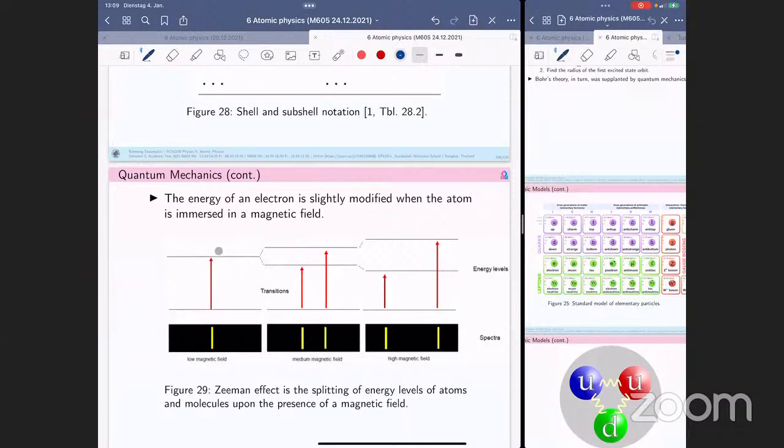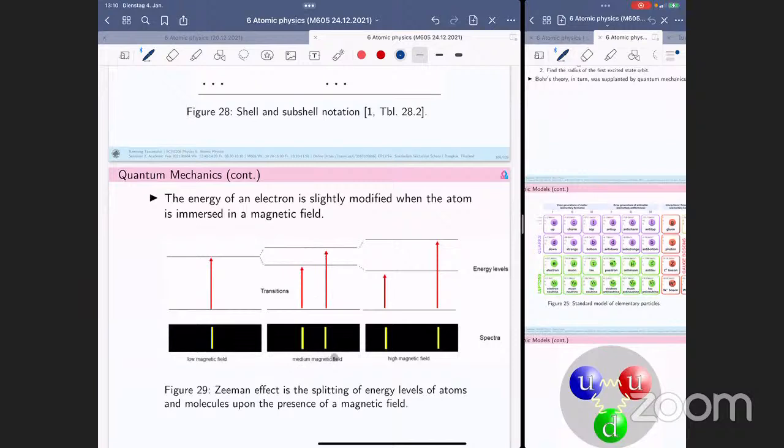If we have a single level of the electron energy, we have only a single bar of the light, the yellow light. But once the physicists introduce the magnetic field to that atom, the possible energy of electrons is separated into levels like this.